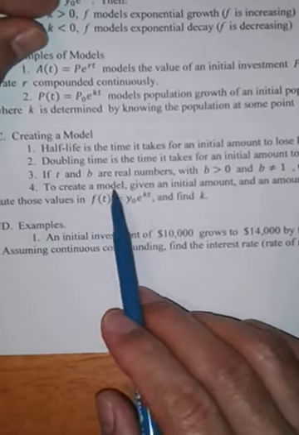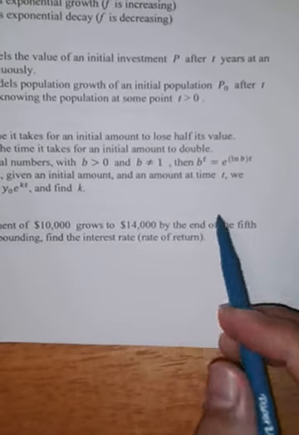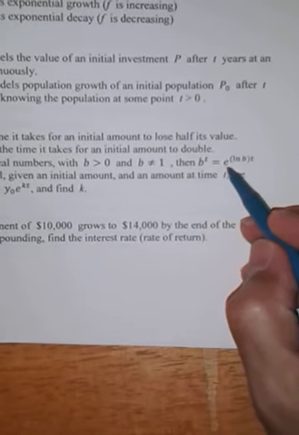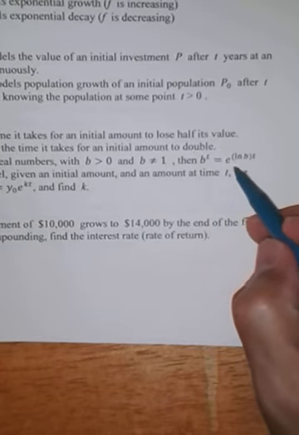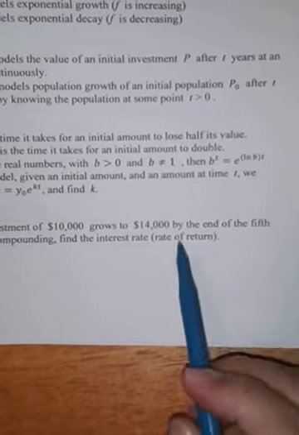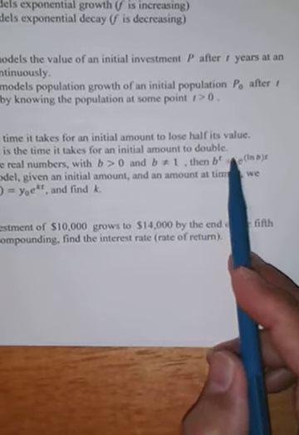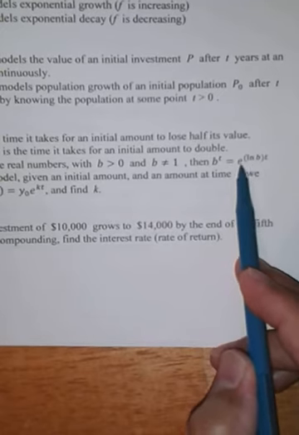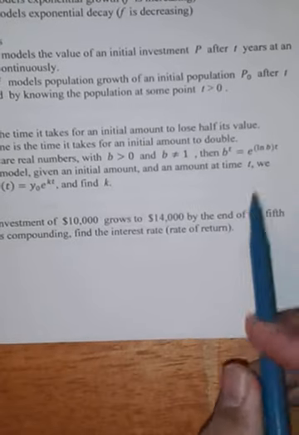Number 3, if t and b are real numbers with b greater than 0 and b not equal to 1, then b to the t power is equal to e to the ln b times t, or we can write that as e to the t times ln b. So that just tells us that b to the t can be written as e to some exponent, and this is just telling us how to find that exponent.